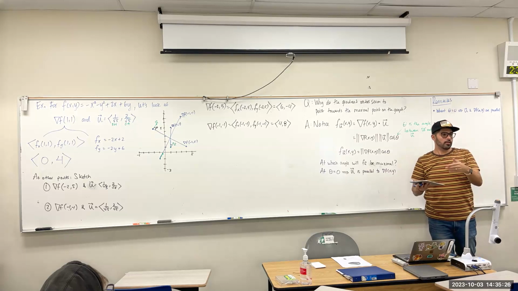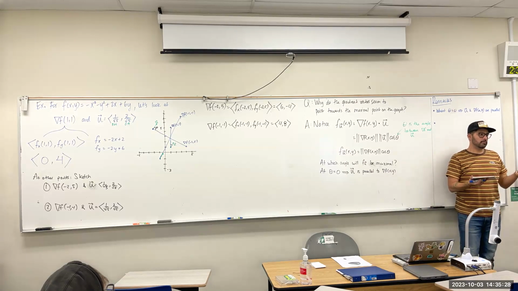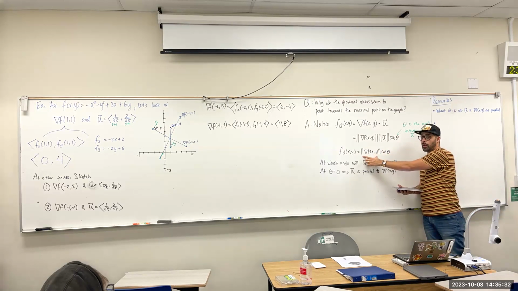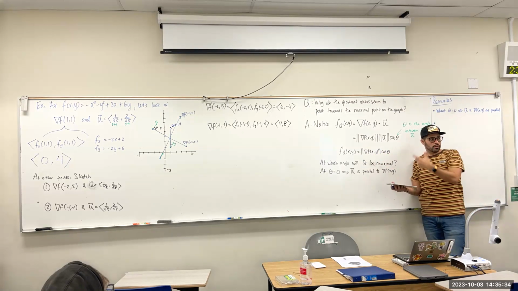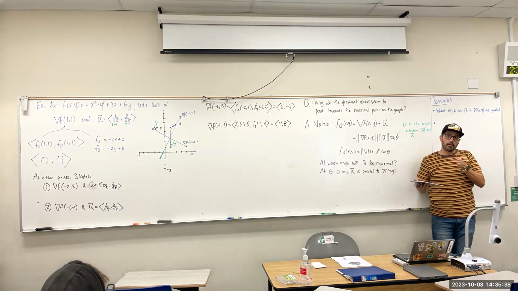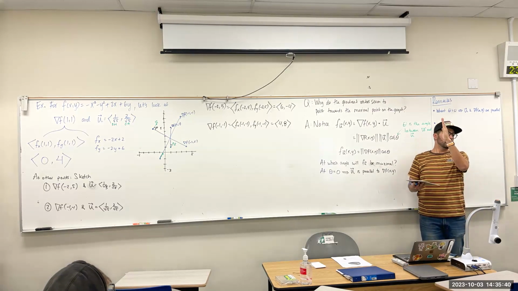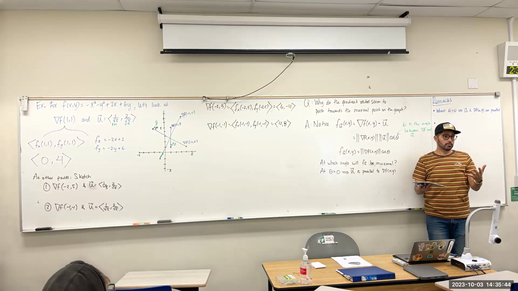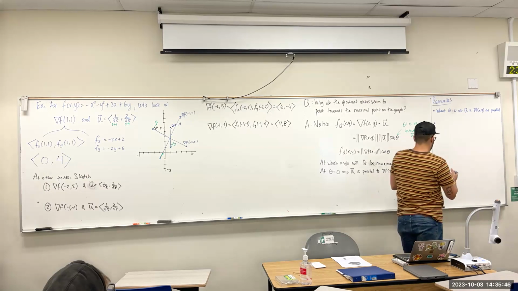The question now is, what is that rate? Well, when theta is 0, the rate will actually be the magnitude of the gradient. So the gradient is telling you two things: which direction makes you go the steepest, and the actual rate is its magnitude. Okay? So let's write that down.